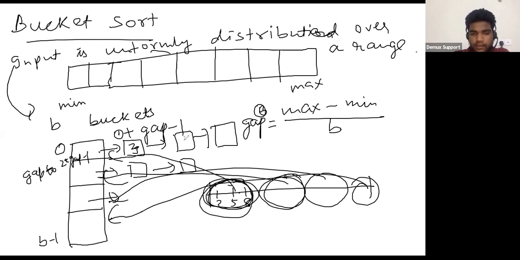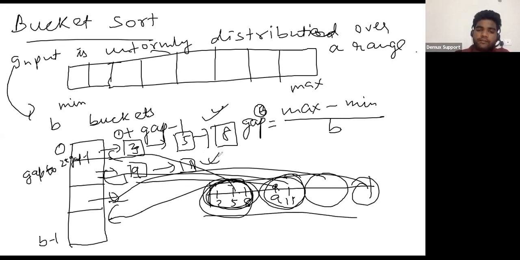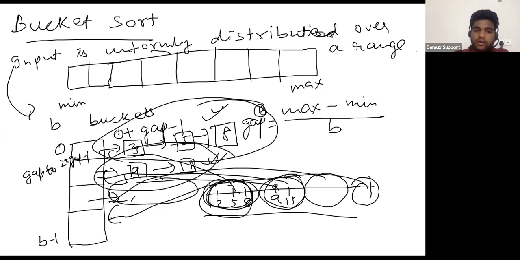And if I have, let's say, 9, 11, these two will go here. Once I have this, you can just individually sort them. Sort all of them individually, and then put all the buckets one after the other, and that will be the sorted array.